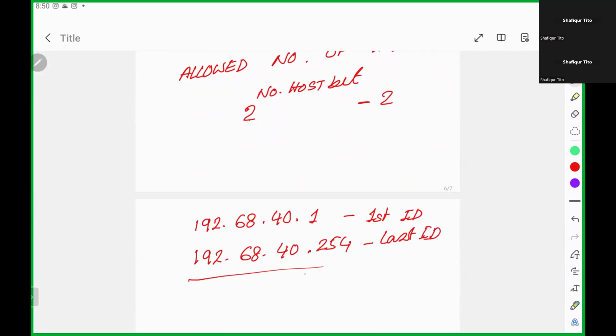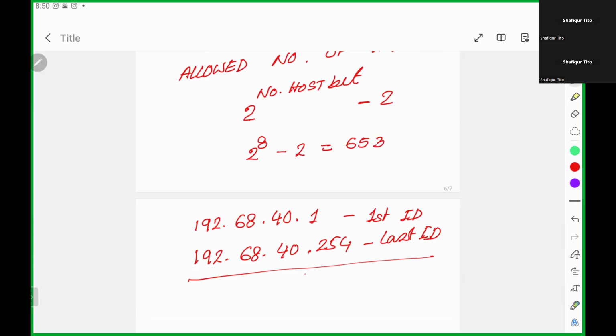Okay, so these are the ranges. For this particular example, the number of host bits is 8, so 2 to the power 8 minus 2.